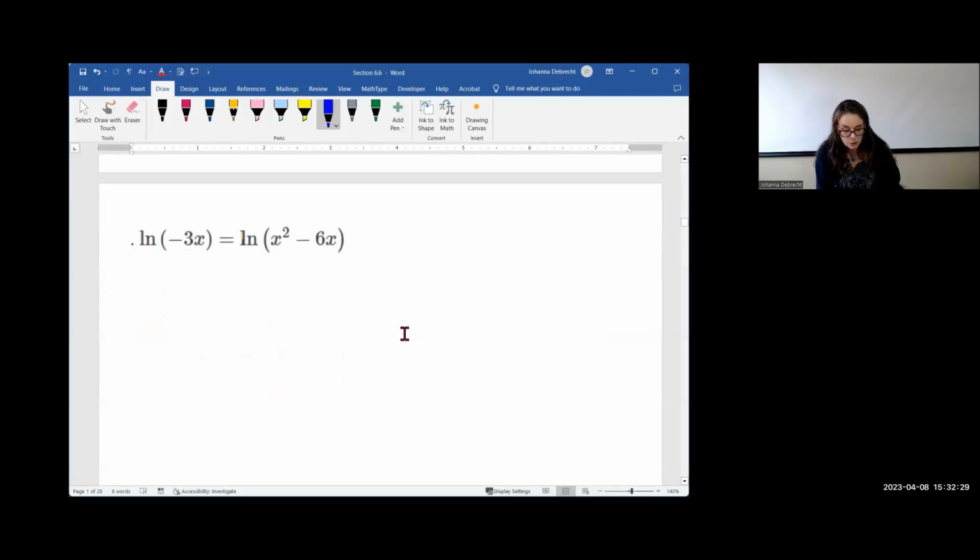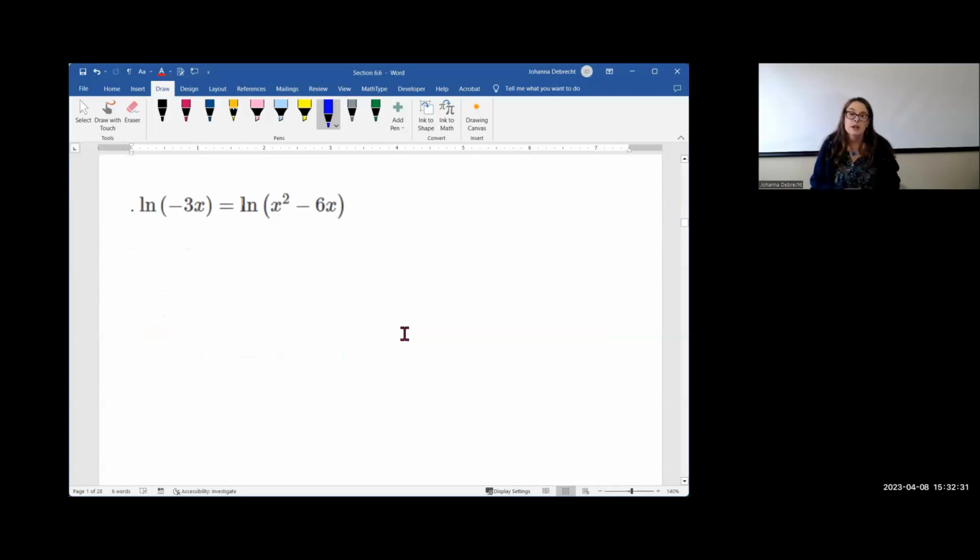Okay, there's one more problem I want to take a look at just to practice this a little bit. We have the natural log equal to the natural log. The bases are both e, the powers are equal, so we know the answer parts have to be equal. So this means that I can write -3x equals x squared minus 6x.